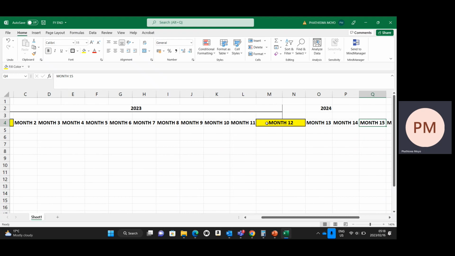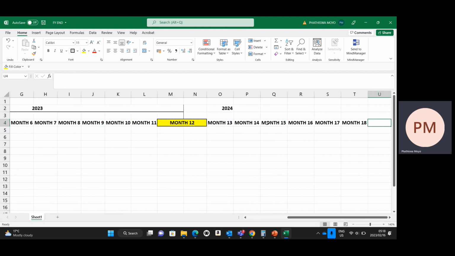The one that is prepaid is from the 13th month up until the 18th month. So that one is prepaid because the reporting period is a financial year that is coming, not this current financial year.